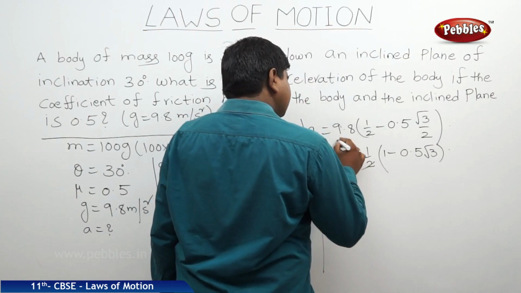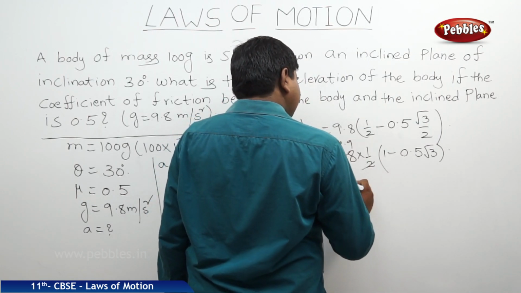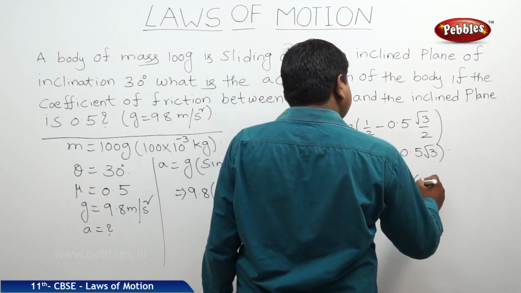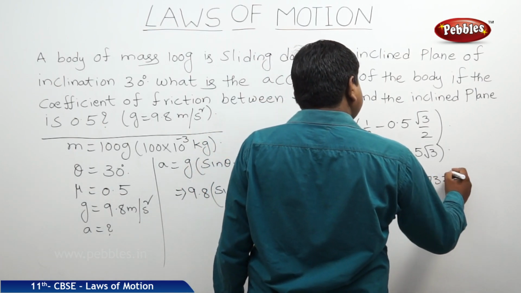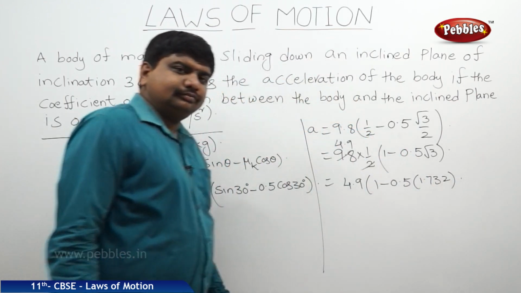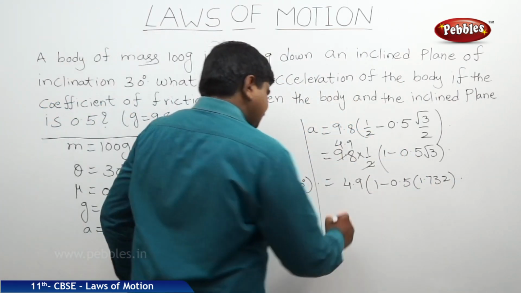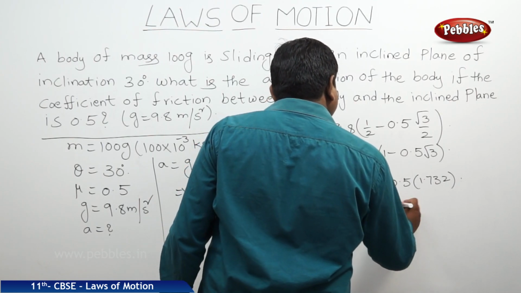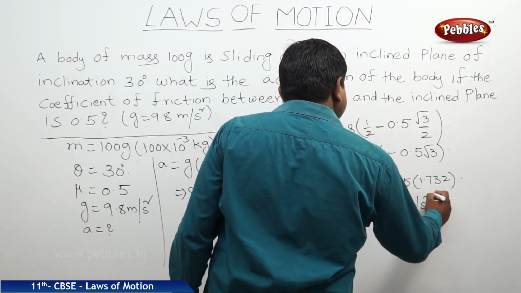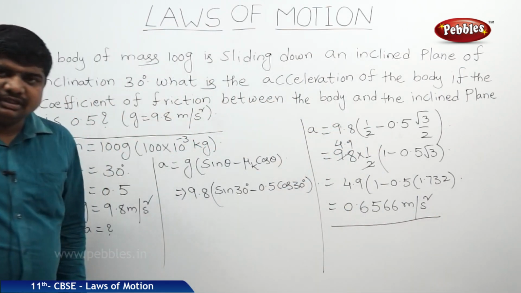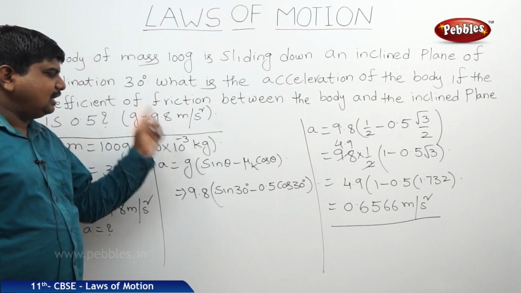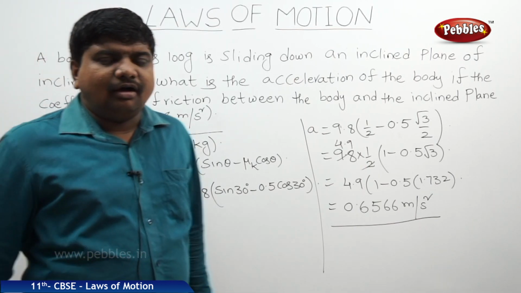So it is 4.9 into 1 minus 0.5 into 1.732. If you keep the substitution, you will get 0.6566 meters per second square. This is the acceleration of the body sliding at this angle, with g equal to 9.8, on a surface with frictional coefficient 0.5.